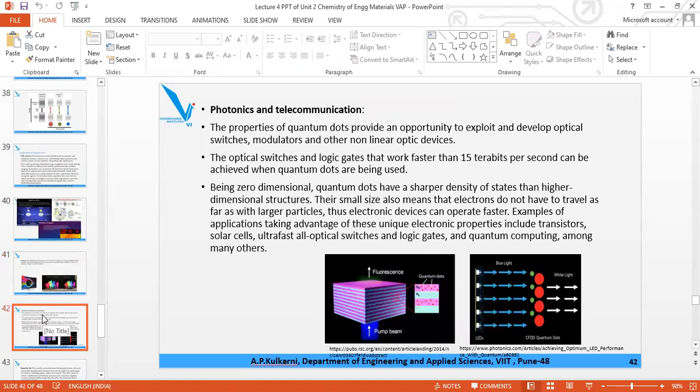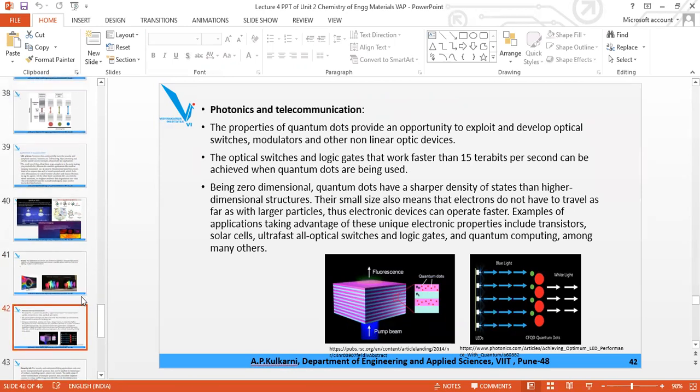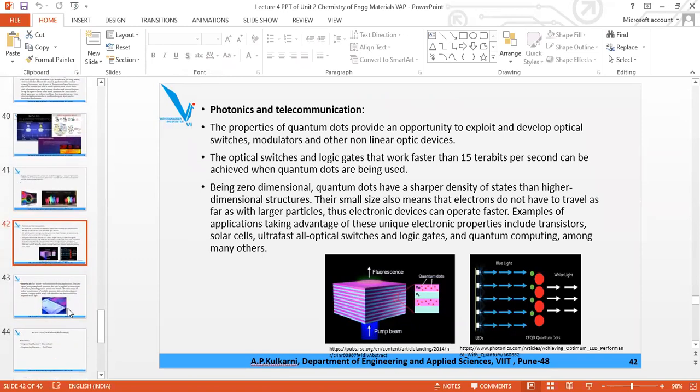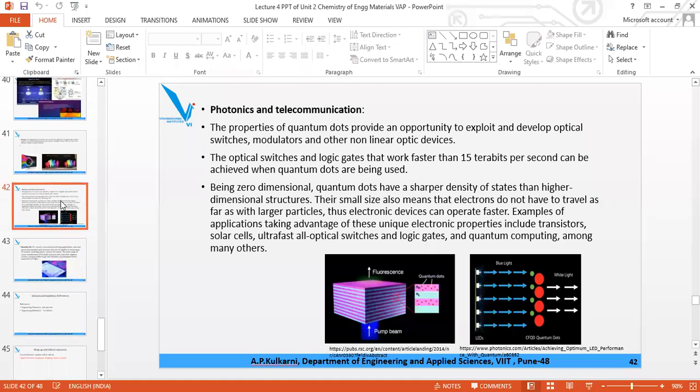Now, next is photovoltaics and telecommunication. Actually, this is also for the flipped classroom. So, only the last three slides, I will give the explanation. Here itself, we are not going to waste time.